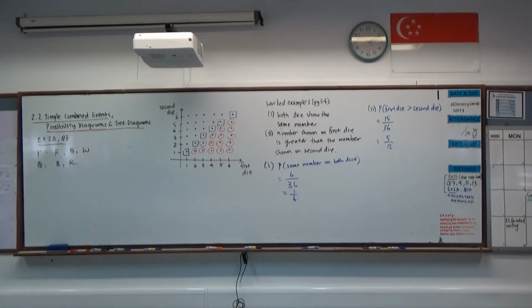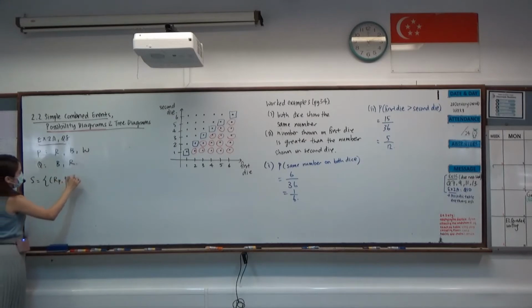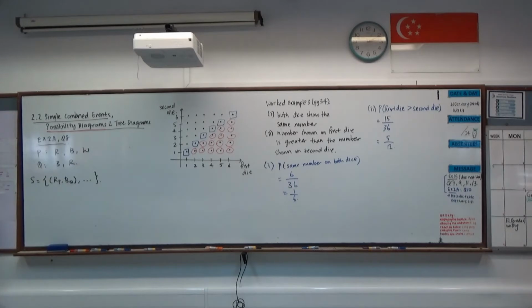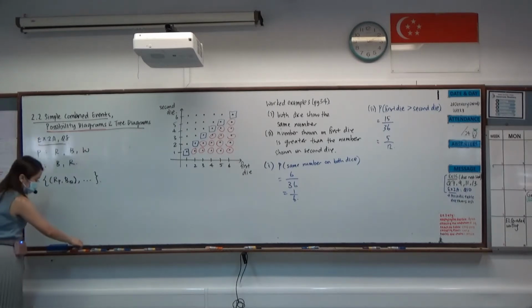Then in terms of solving the question itself, we listed out what is in the sample space. I will not go into listing it out. So that was what we did yesterday, trying to help you recall.